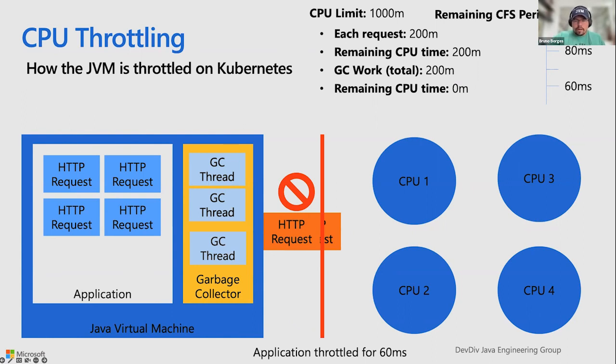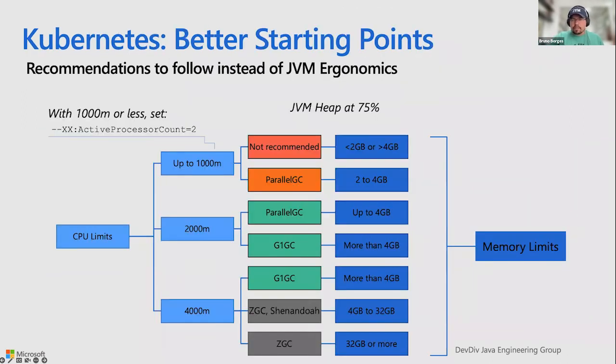So when we look at the options and what we should be configuring in general for Java containers on Kubernetes, we believe there are better configurations than the default ergonomics. So we are recommending that developers do this sort of configuration. If the developer believes that the application needs a certain amount of memory that we can see here in the darker blue, then that is the amount of CPU and garbage collection that we are suggesting.